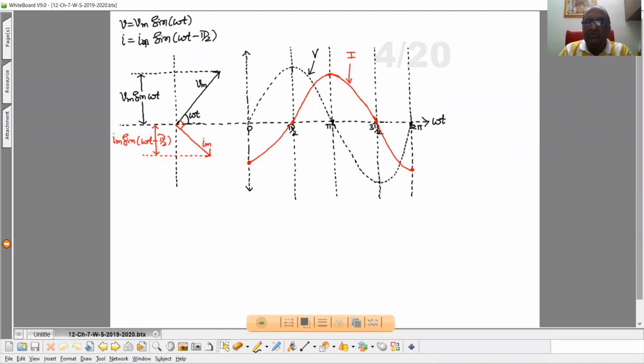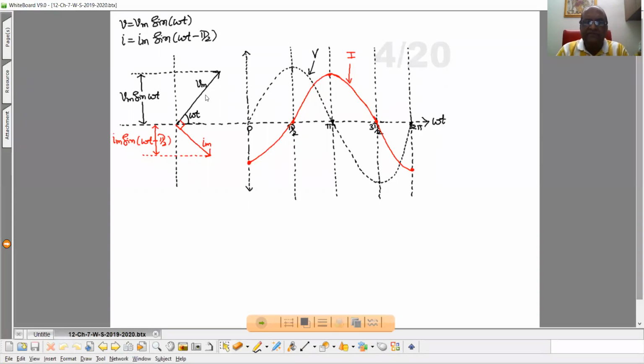So I equal to minus Im. So your current will be this much at time t equal to 0. Now if you take omega t that is pi by 2, then sine of pi by 2 minus pi by 2 is sine 0, which is 0. So your current is 0. And then after it follows this sine function like this. Clear to all of you?